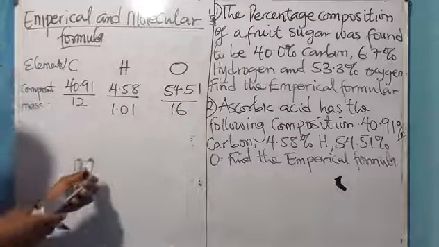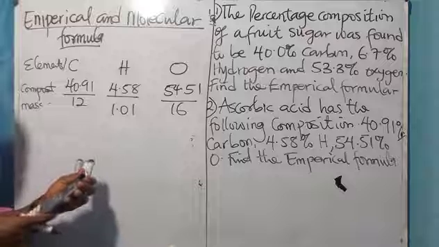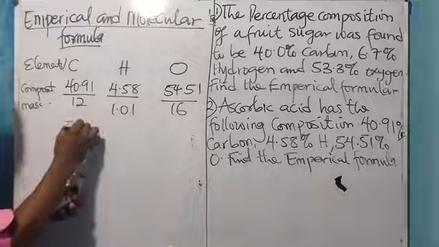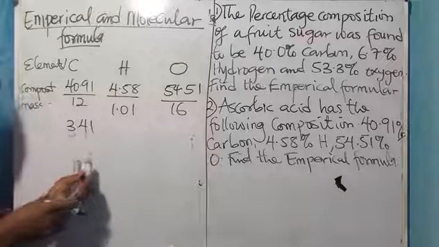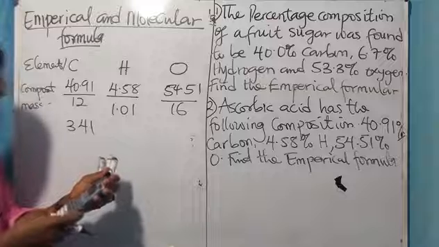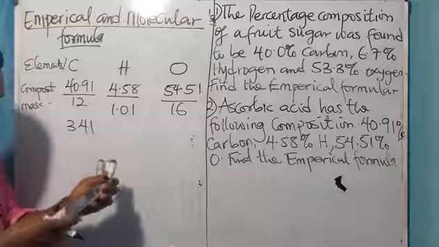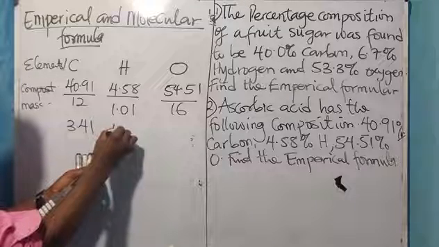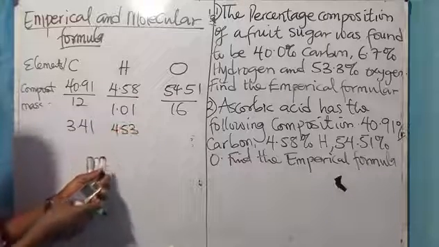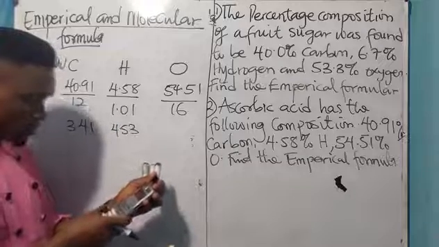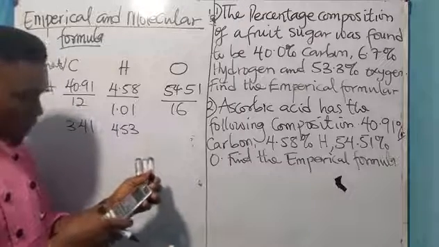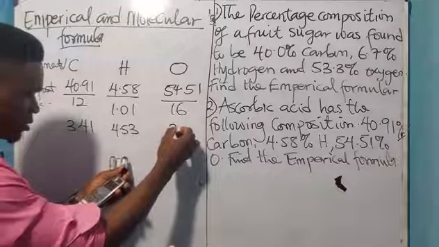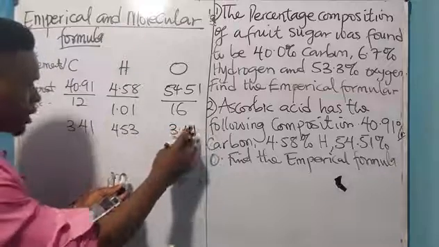Hydrogen is 1.01. Okay, so I have 40.91 divided by 12, I'll have 3.41 approximately. Then I have 4.58 divided by 1.01, and we have 4.53. Then I have 54.51 divided by 16, and we have 3.41 approximately.